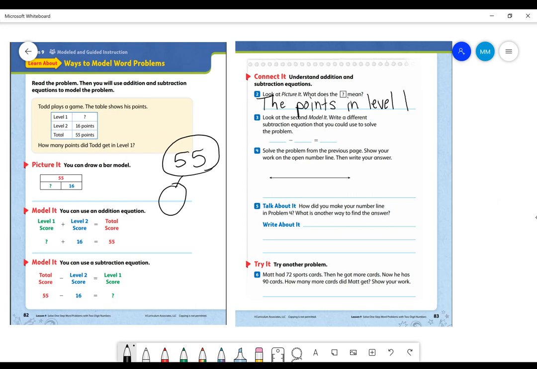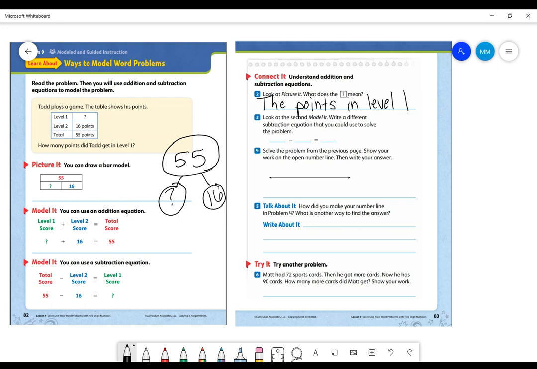I have the same parts, but I can show those parts in different ways. So when we added in this first equation, we started with the missing part. We added the part that we know, and our whole is 55.